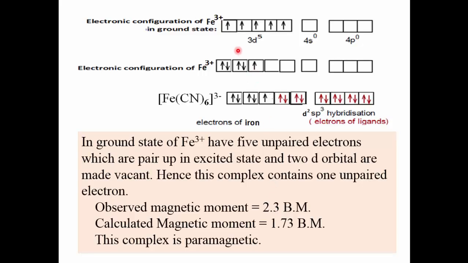See, this is the box diagram. Fe3+ contains 5 electrons. No unpaired electron is present in the 4s orbital.